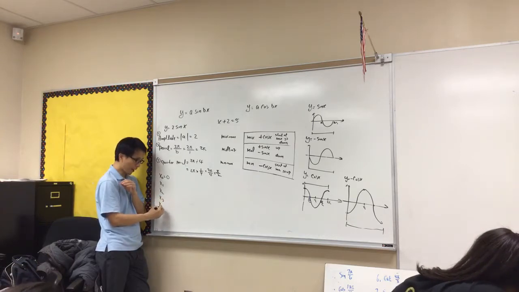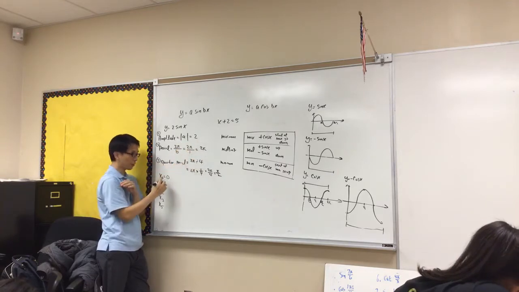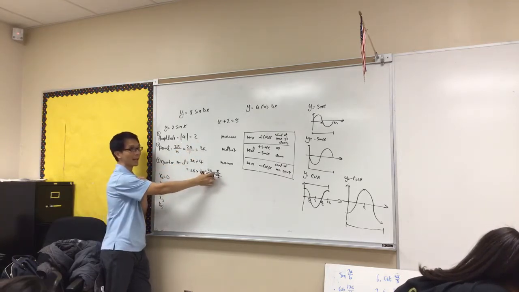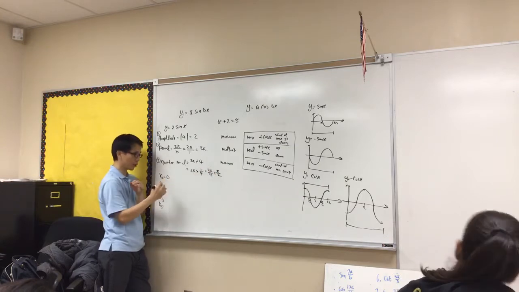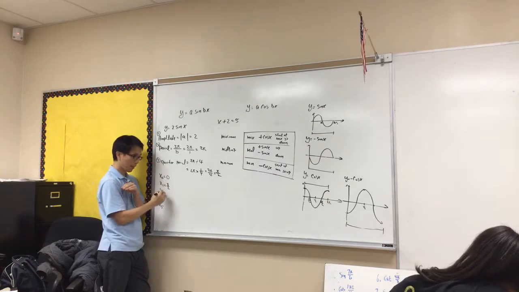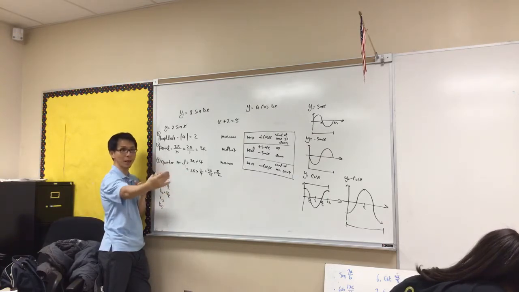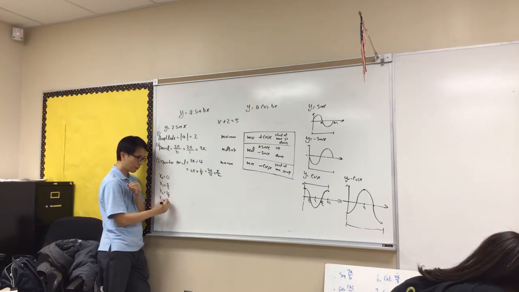It's going to add every quarter period. So basically I'm going to do pi over 2, 2 pi over 2. Do you see that? I just add pi over 2 each time: 3 pi over 2, and then 4 pi over 2.